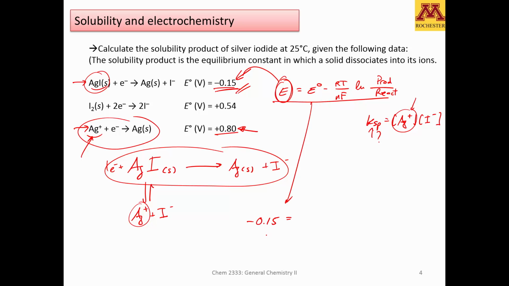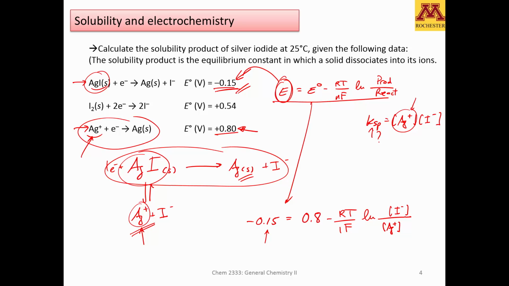So what we measure when we do not work at 1 molar solution, and remember this is not a 1 molar solution because it's a saturated solution. If we were to work at 1 molar, it would be 0.8 minus RT over 1 electron, F, logarithm of what? Of products. This is a solid. Concentration of iodide over the concentration of, and now you would be done if you consider this as your reactant, but as we said, this would be the concentration of silver.